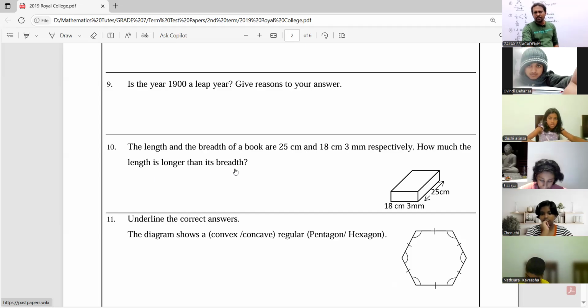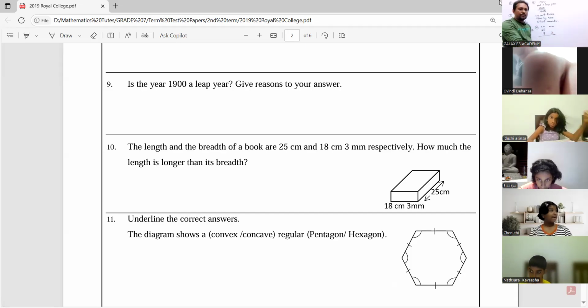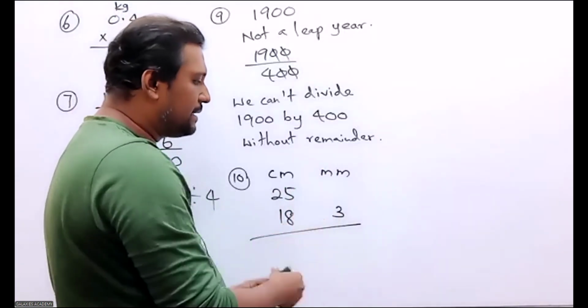What you have to do? You have to subtract. No? Breadth you have to subtract from length. So we can write the measurement in centimeters and millimeters. Length is 25 centimeters. Breadth is 18 centimeters and 3 millimeters.